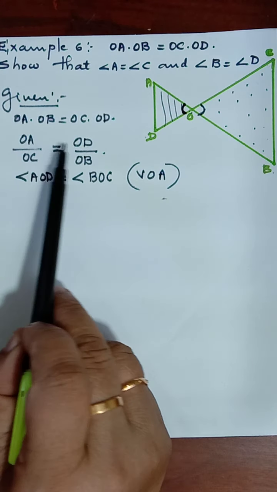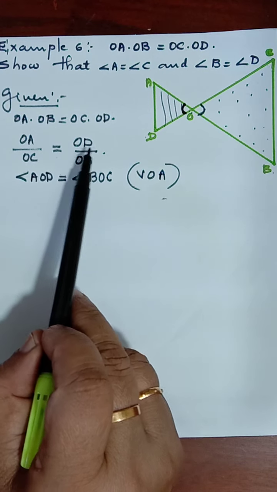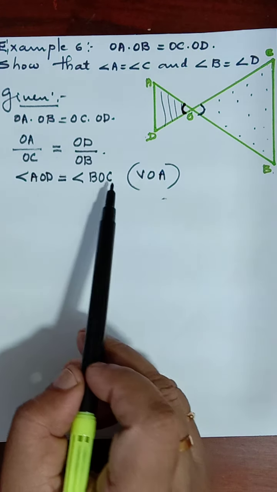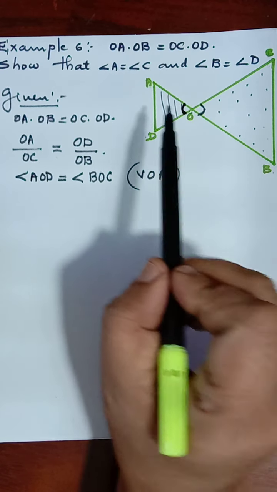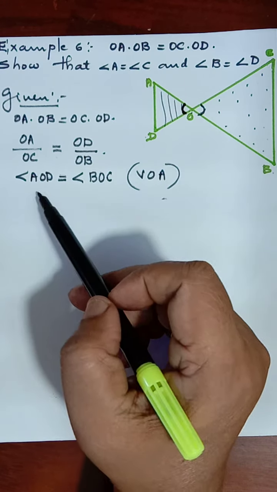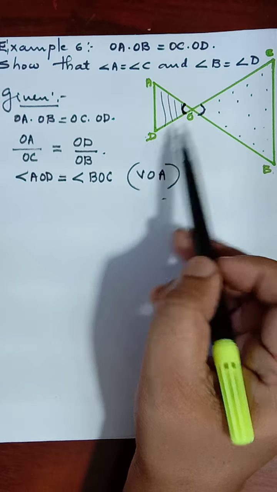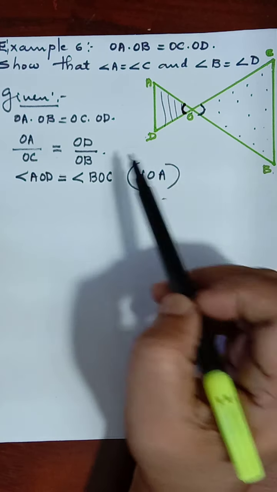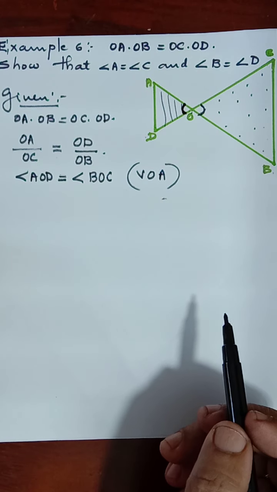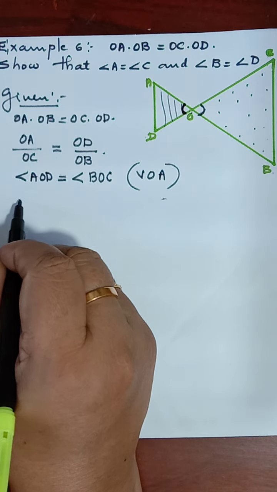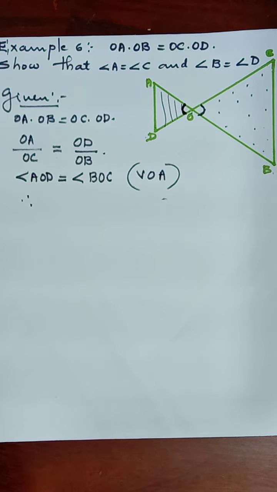Now we have two corresponding sides proportionality and also included angle equal. So AO, here we have DO also, then OC, OB, its proportionality, and these two angles are included angles. Therefore, these two triangles are similar.